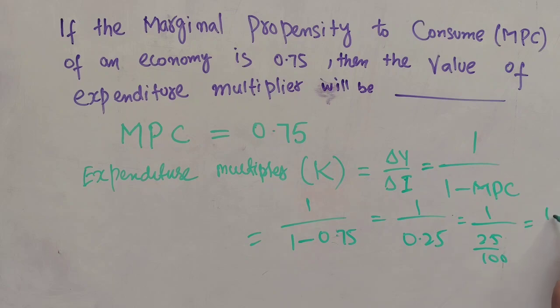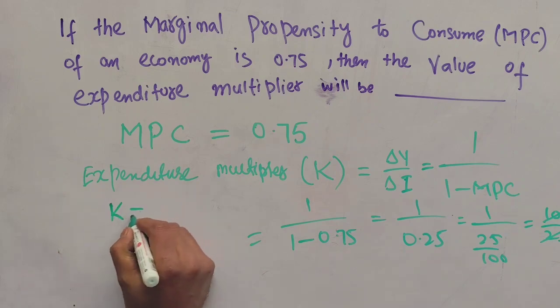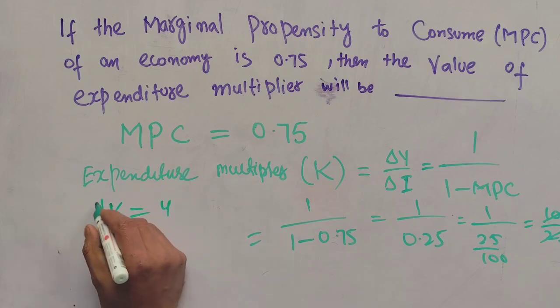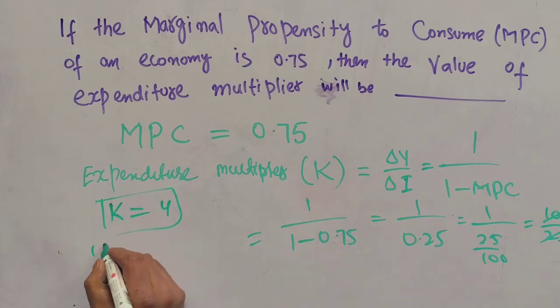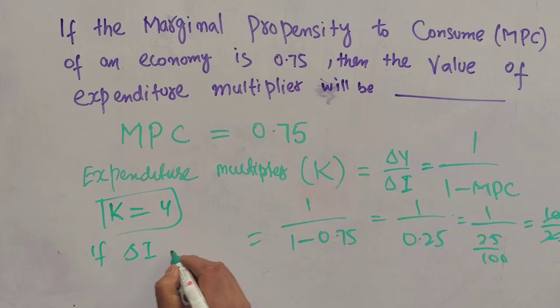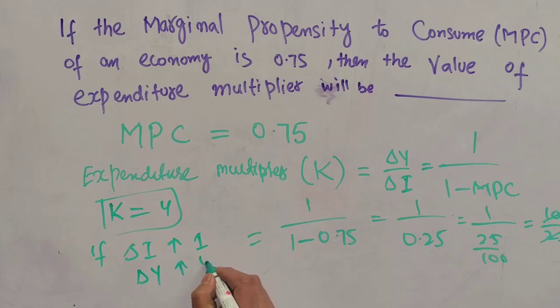So it will be equal to 100 divided by 25, which is equal to 4. So in this economy, the expenditure multiplier will be equal to 4. It simply tells us the value of K. This tells us that if investment increases by 1 unit, output, that is income, will increase by 4 units.